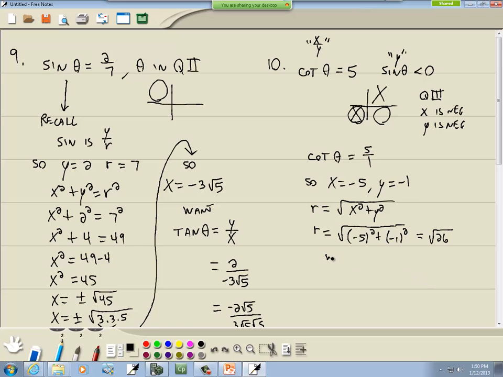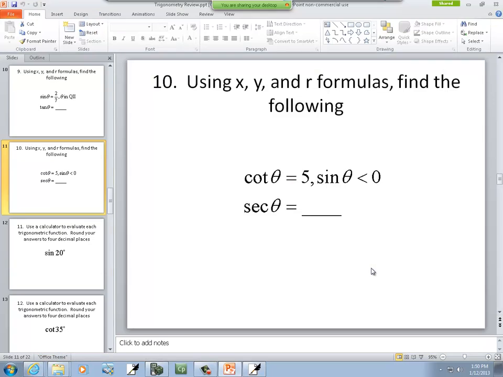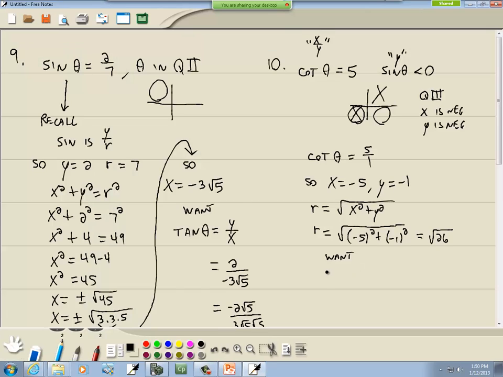Now what we want, I forgot, let's see, secant. So we want secant. And secant is r over x from our formulas. r we said was the square root of 26, and x we said was negative 5. So secant will equal the square root of 26 over negative 5.